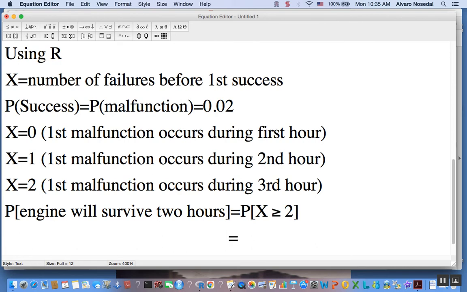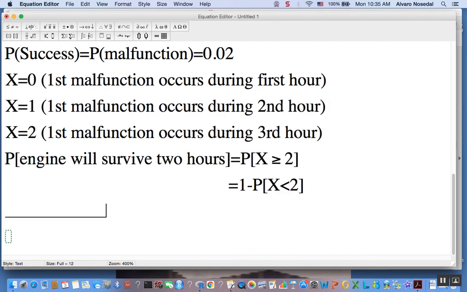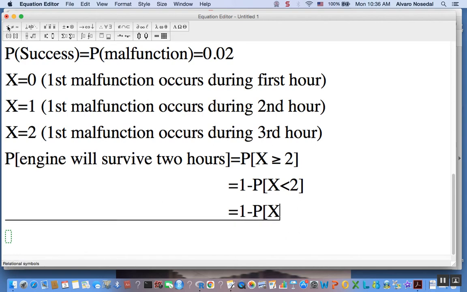It is slightly different in terms of x, again because x counts the number of failures until your first success. So the probability that x is greater or equal to 2 is equivalent to 1 minus the probability that x is less than 2, which in turn is equivalent to 1 minus the probability that x is less than or equal to 1.